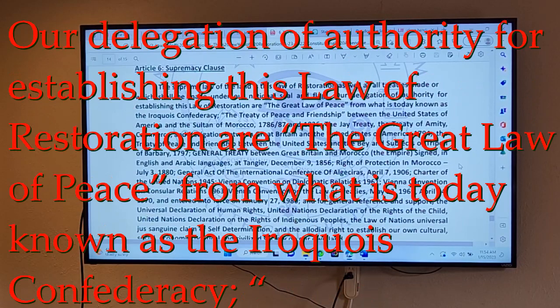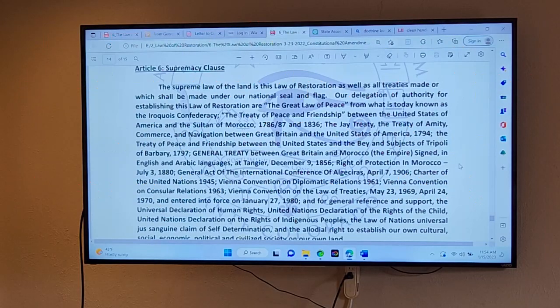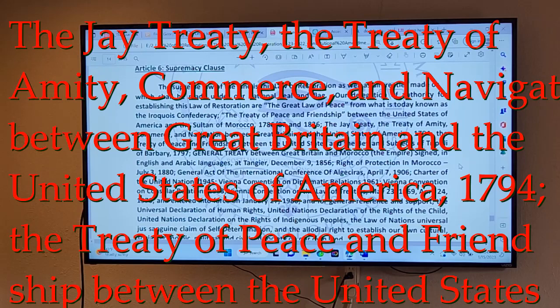Our delegation of authority for establishing this law of restoration are the Great Law of Peace, from what is today known as the Iroquois Confederacy, the Treaty of Peace and Friendship between the United States and the Sultan of Morocco, 1786 and 87, as well as 1836. The Jay Treaty. Who's that? John Jay. We'll talk about it, but go ahead.